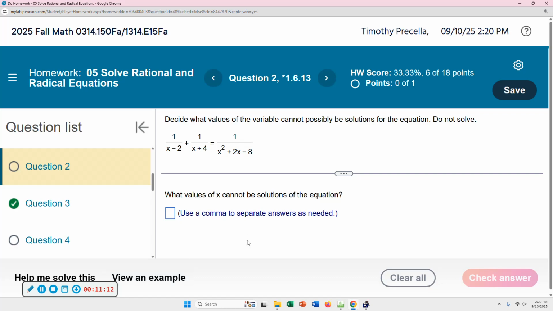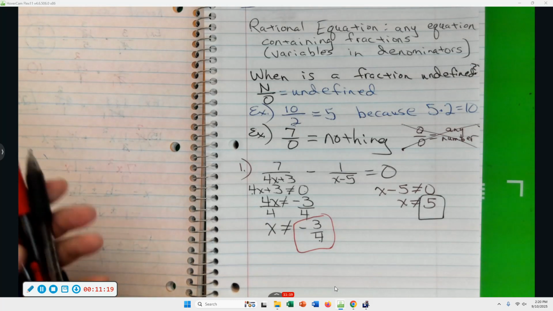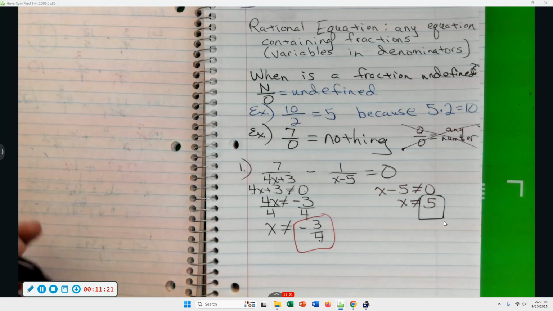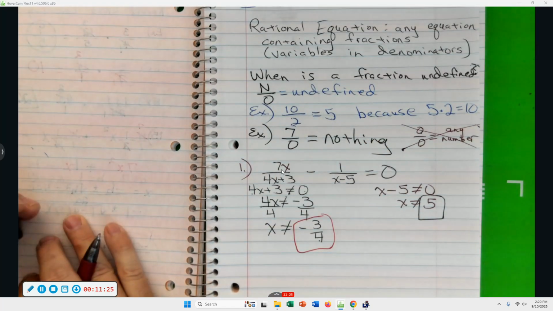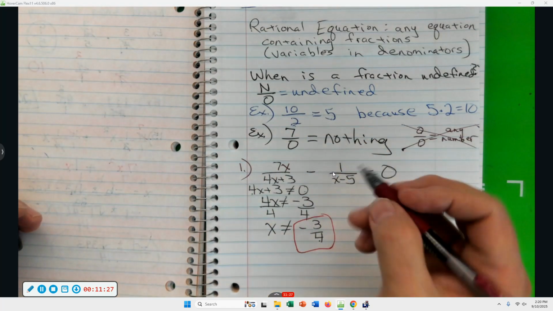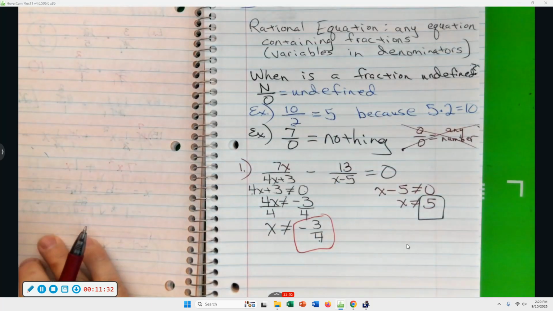Let's look back over here at the number 1 that I just did. Before we go on, suppose the problem had a 7x up on top there, and instead of a 1, that had been a 13. Would that change any of our answers?